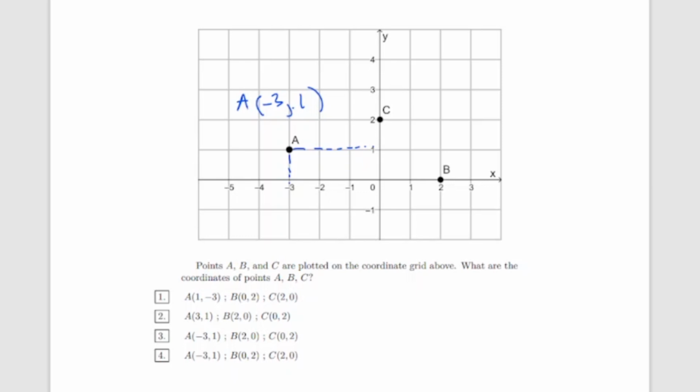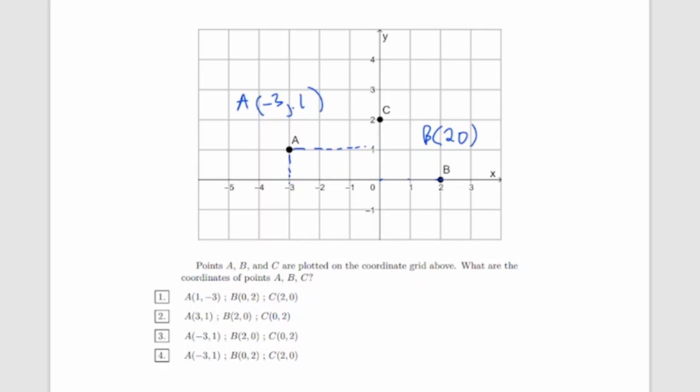And for B, we start off at B and we're 2 units away from the origin on the x-axis. And then we don't go up on the y-axis. We're here, where y is 0. So we'll just have this at 0.